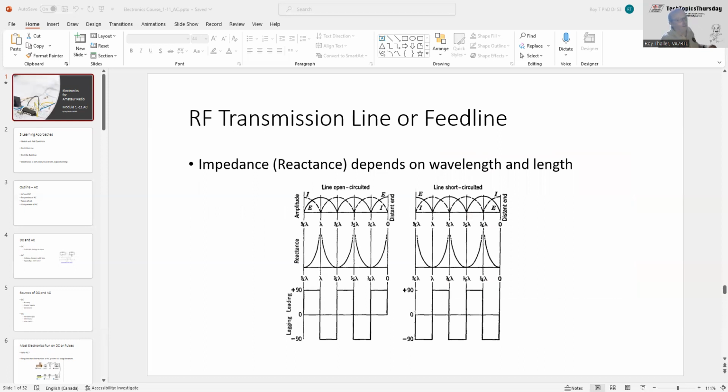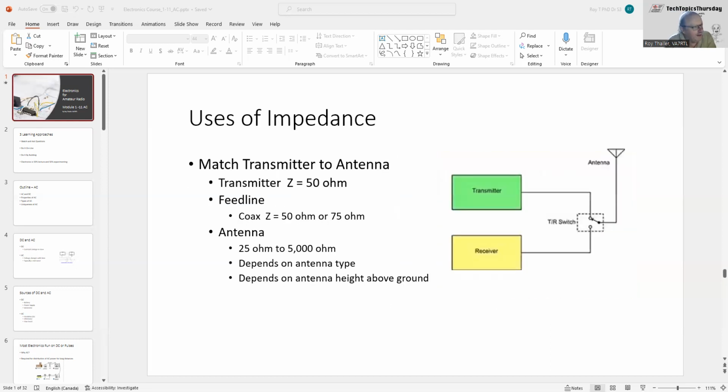One of the other things I wanted to bring up is transmission lines. If you go back here to your transmitter receiver and you have a feed line, typically you have your transmitter receive switch built into your radio, and you just connect the antenna here with a UHF or a BNC connector, and then you have a feed line going up to the antenna.